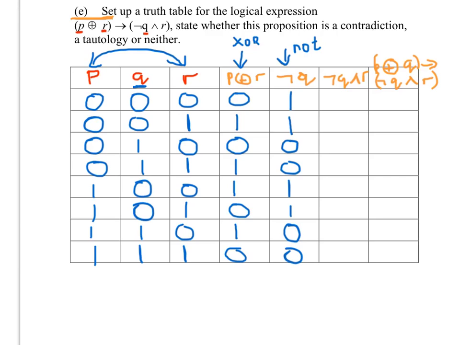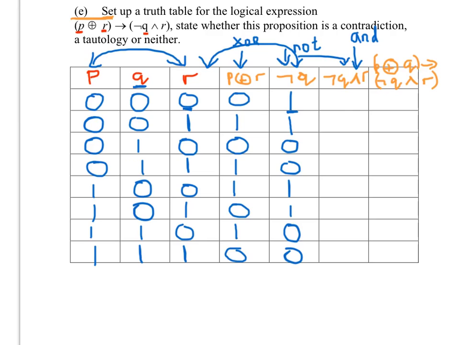Now for the next column, this here is the AND symbol, right? And I'm combining this column here with this column here to get this column here using this AND symbol. So if I highlight the first entry, well, firstly, AND is only true when I have a 1, 1 input.